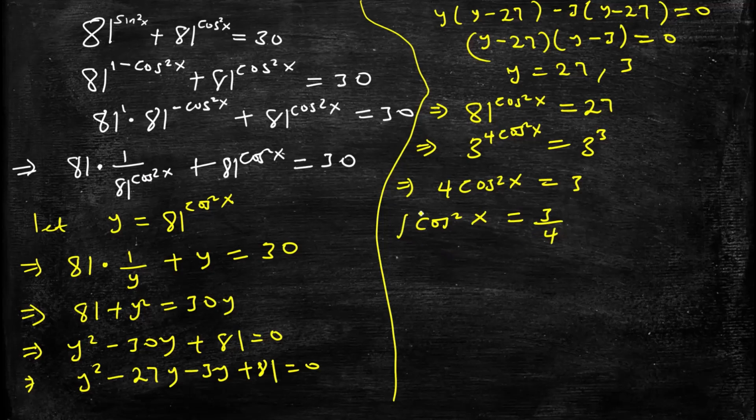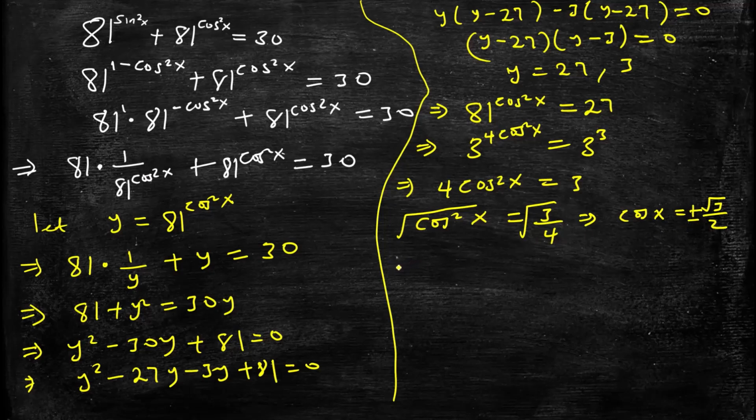Therefore, taking square root on both sides, cos x equals root 3 on 2, because this is the same as square root of 3 on square root of 4. Don't forget your plus or minus.